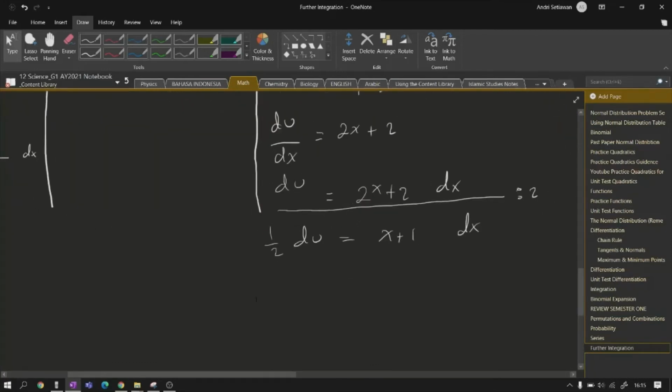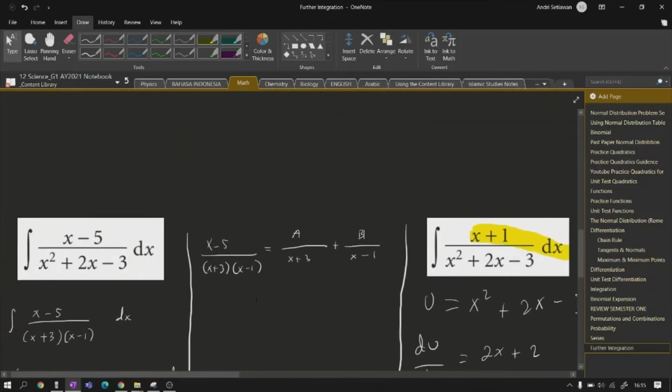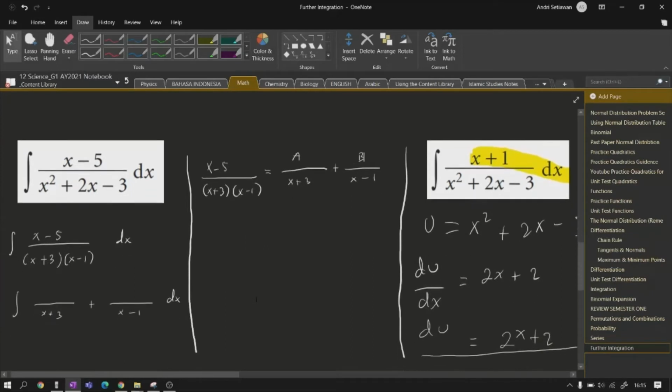Okay, let's go back to the last example. How to continue this step?